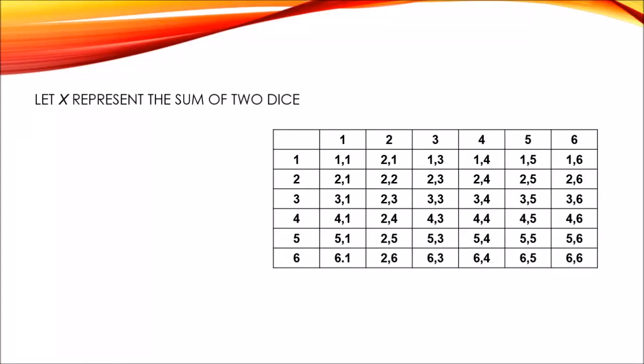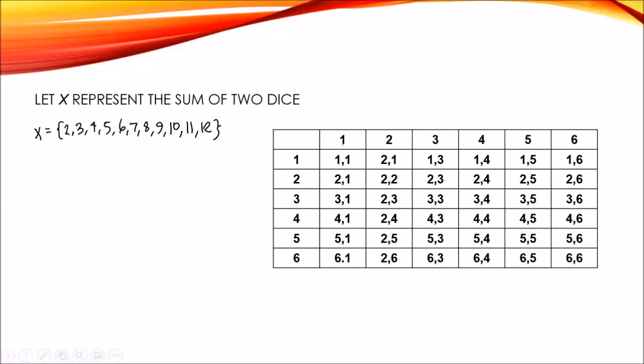So in this case, what are our random variable values? The minimum sum would be 2, which is one combination of 1, 1. Then we have 3, 4, 5, 6, 7, 8, 9, 10, 11, and 12, which is the combination of 6, 6. So this would be our random variable.